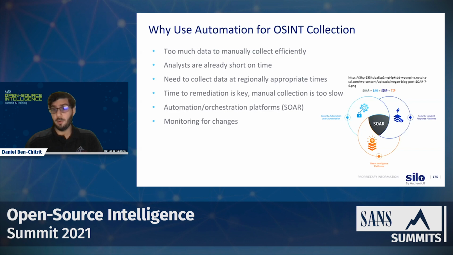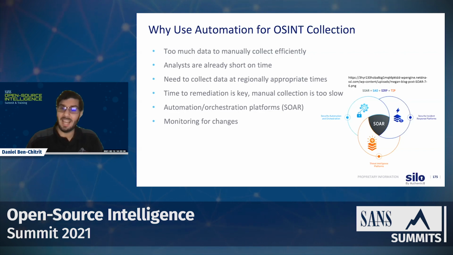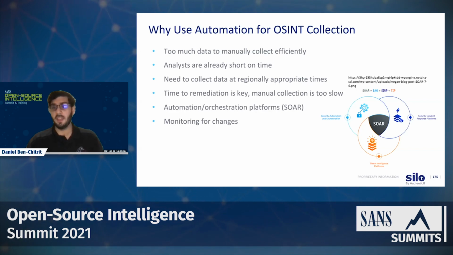So from that, we've seen this rise in SOAR platforms, automation of the SOC, and automation of OSINT is a big piece of that. There's so many moving parts to threat intelligence and cybersecurity that the ability to collect the related artifacts, think malicious files or supporting information, think screenshots of a phishing website, etc., is key to the incident response, and a lot of the times can easily be automated.